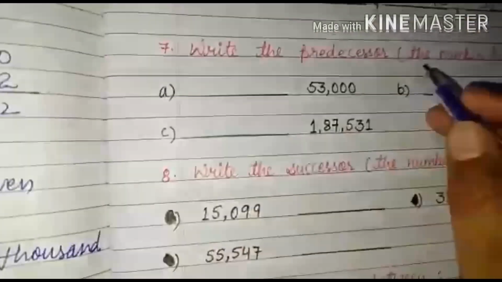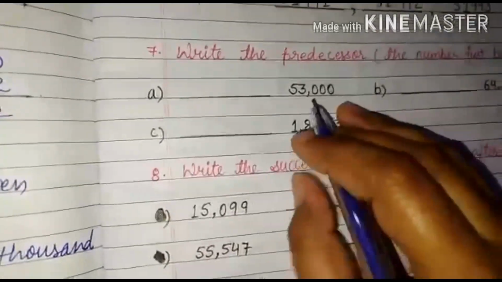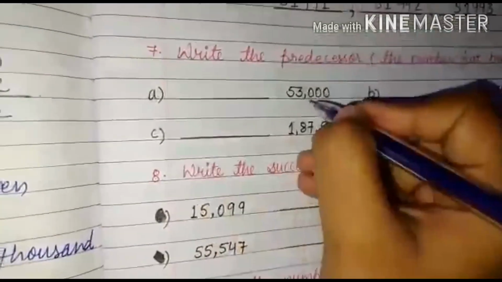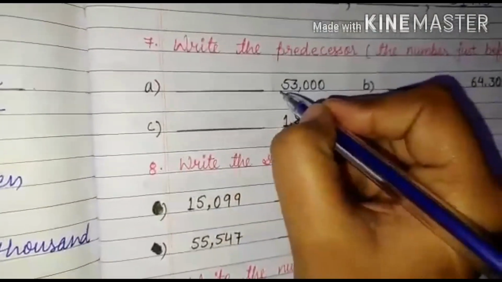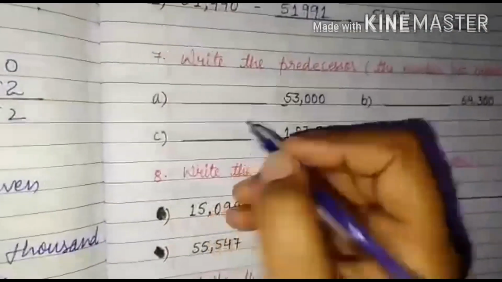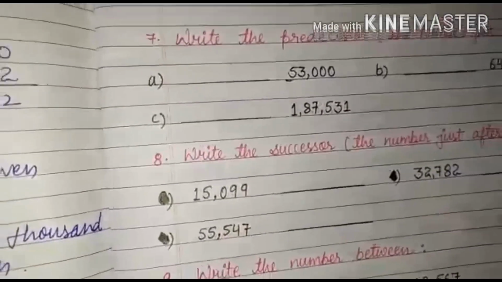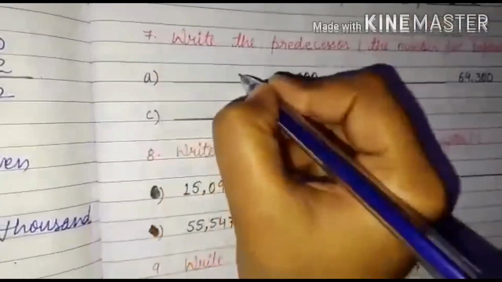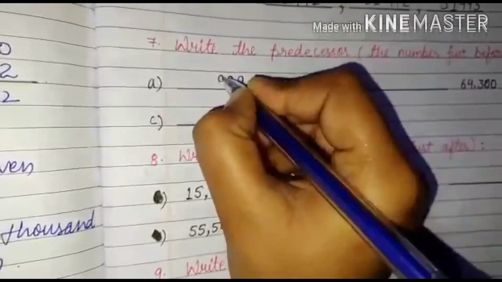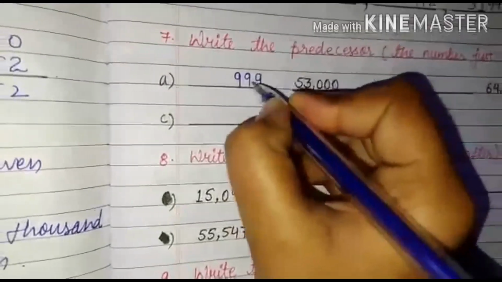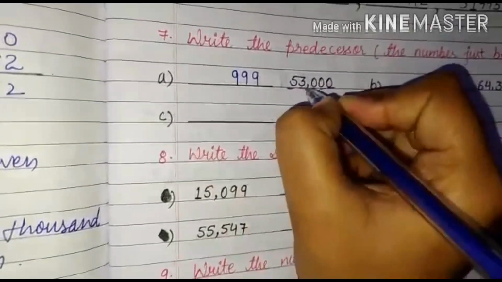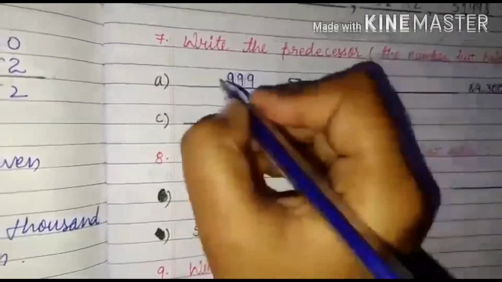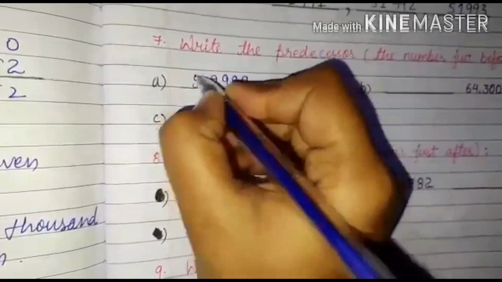Now the next question is write the predecessor, or the number just before. That means what comes before this number, you just have to write it. So what comes before 53,000? Guys, I'll tell you a very easy method. What is it? If you have zeros with you, just put 9 there. That means if you have 3 zeros, put 3 9s there. And for the number just before the zeros, you just have to subtract 1 from it and you'll get the answer.